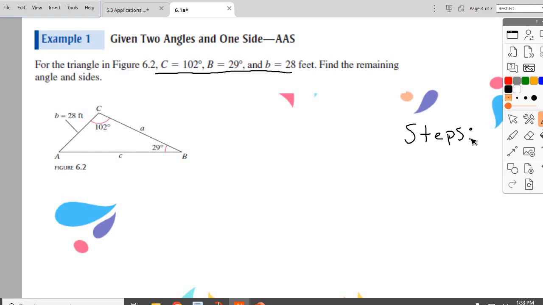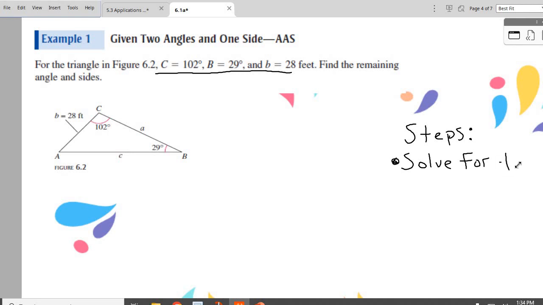We have 2 angles. So if I have 2 angles inside of a triangle, what could we easily solve for first? Yeah, so our first step is going to be to solve for the third angle.